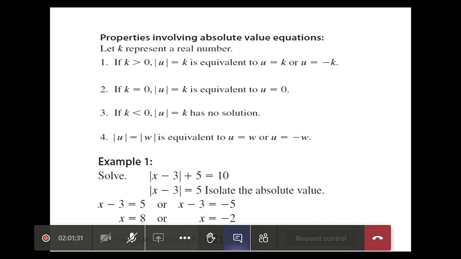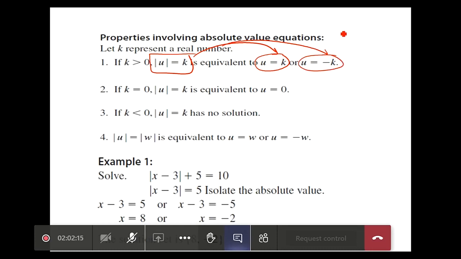Now we have the absolute value. If we have absolute value of u equal k, and k greater than positive, like this, we can remove the absolute value, but we must put u equal k and u equal negative k.